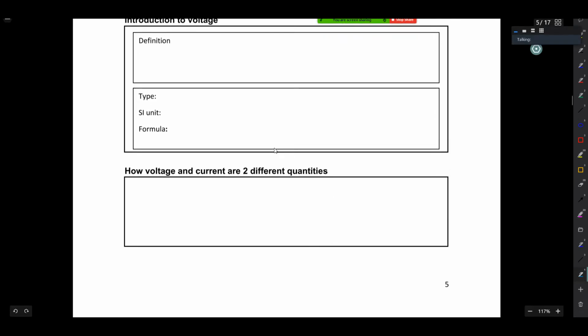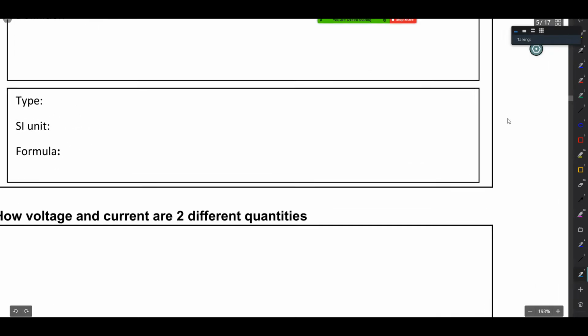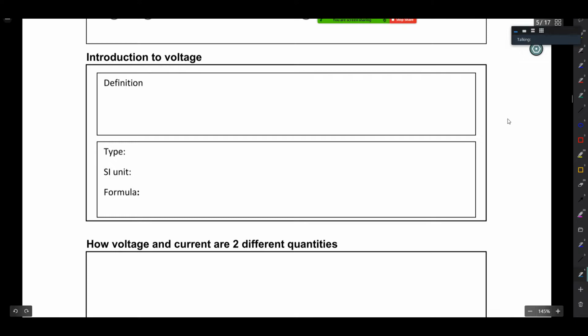Let me introduce you all to the next quantity that I want to do today. The quantity is known as voltage. Now, the entire idea of voltage is that voltage is defined as the work done per unit charge.